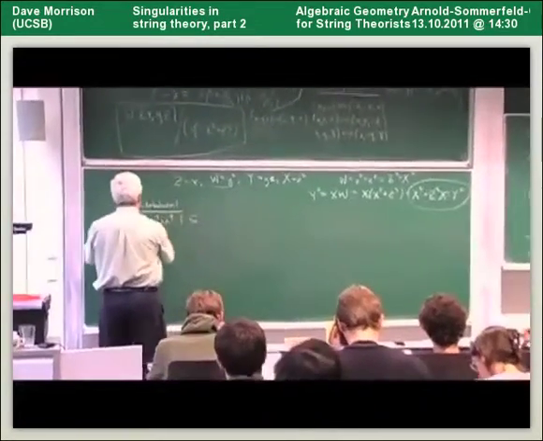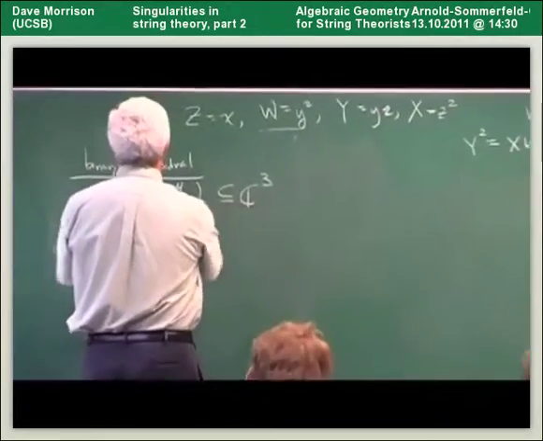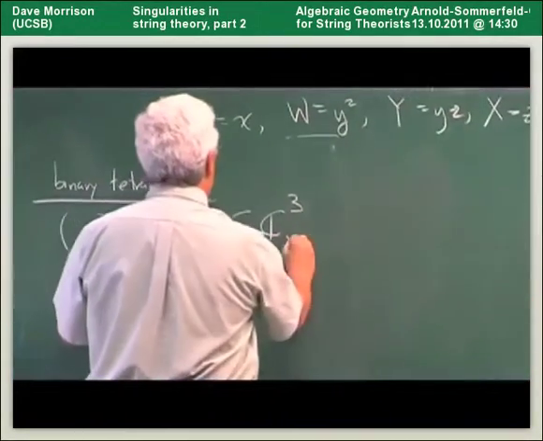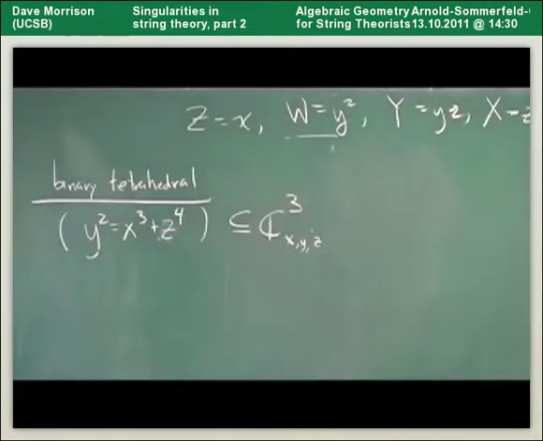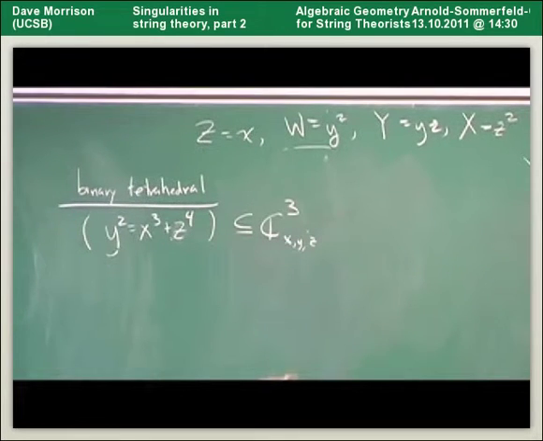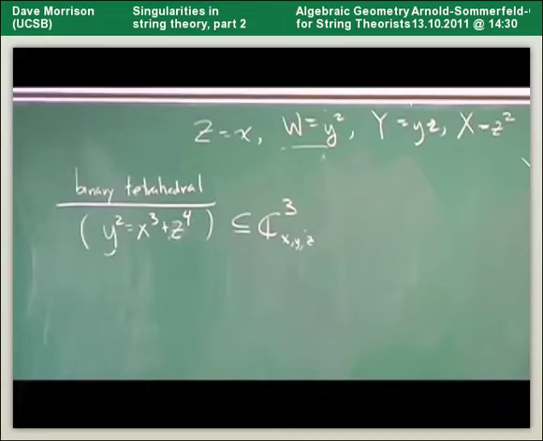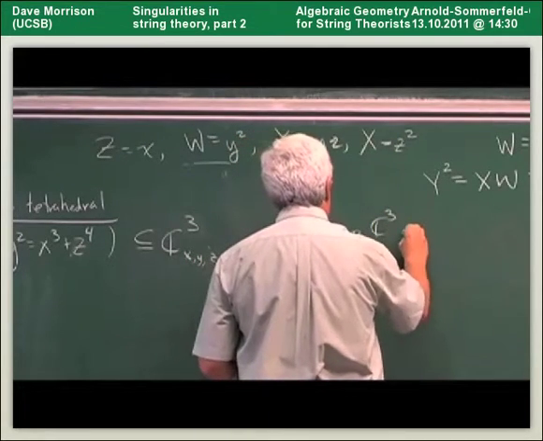So I'm thinking of that as defining something inside of C3, with coordinates x, y, and z. When I went through the Puiseux expansion last time, I introduced new coordinates. I didn't really tell you what I was doing in introducing the new coordinates, but what I was doing was a special case of what I'm about to do now, which is that we need to blow up C3 at the singular point.